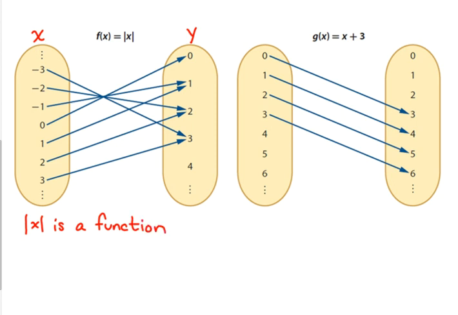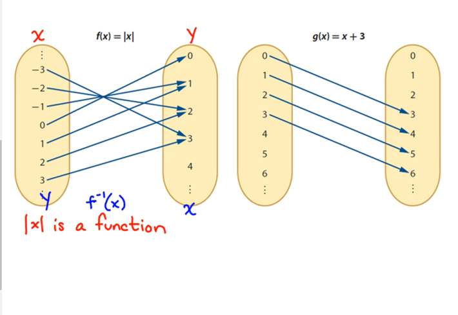Now, the inverse switches the x's and y's. For the inverse, we don't know what the inverse of the absolute value is, but I'm going to write this in blue, f inverse of x. That means the right side is going to be our x values, and the left side is going to be our y values.